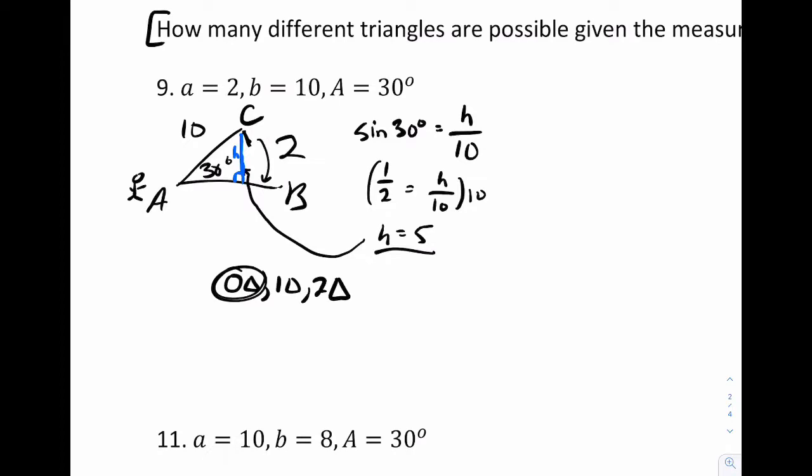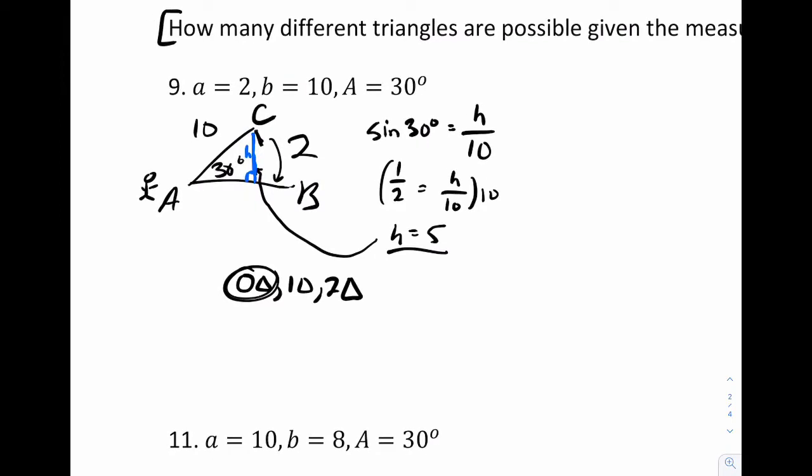It's way too short, especially if this height right here is 5. Which means this 5, this height we found, represents the minimum length of A.